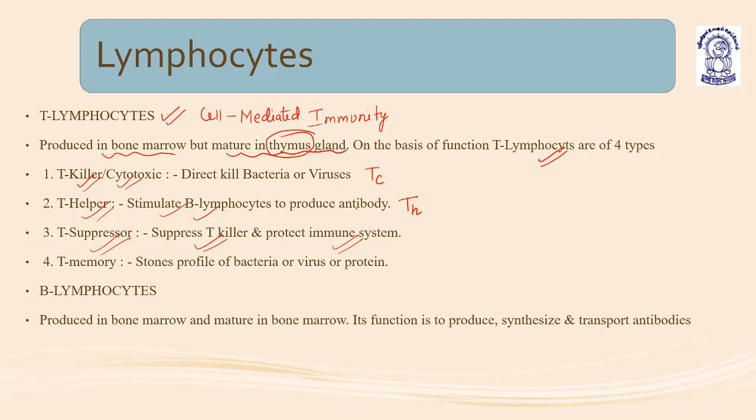T suppressors suppress the T killer cells to protect the immune system. They maintain the balance. Then the memory T cells.